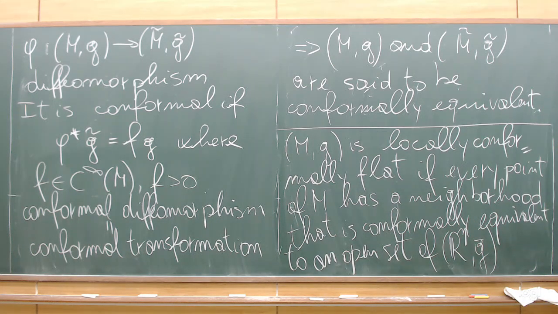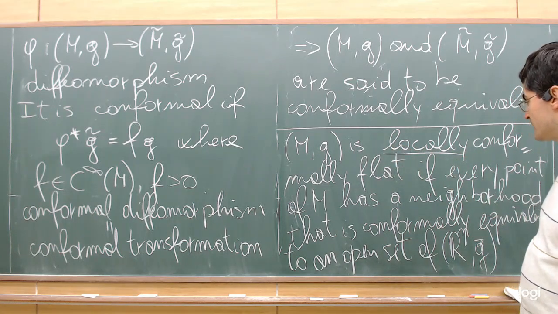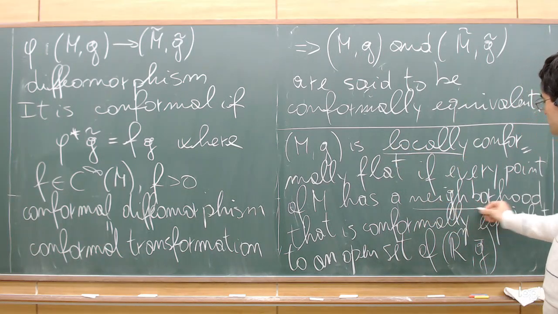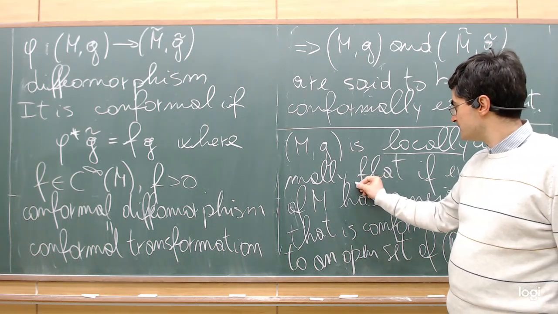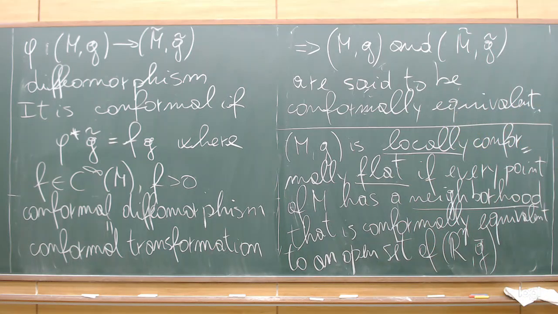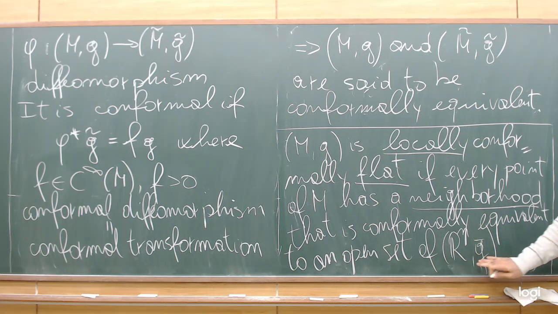The reason why we use the adverb locally is that we work with neighborhoods. And the reason why we use the adjective flat is that we are in some sense comparing locally this manifold with (Rn, g bar).